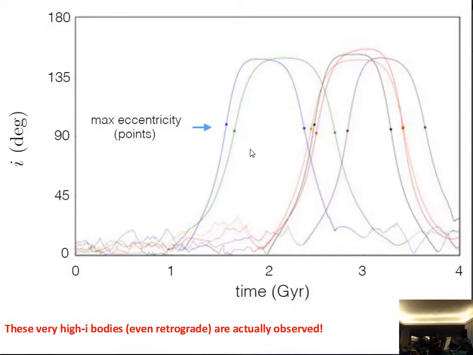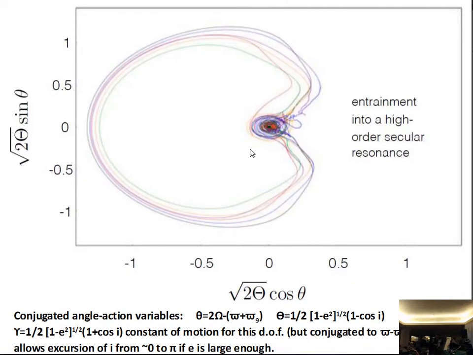And we do actually observe bodies at very high inclination, around 90 degrees, and even retrograde objects today. Why is there this very high inclination excursion? Well, there is a resonance that we have identified.